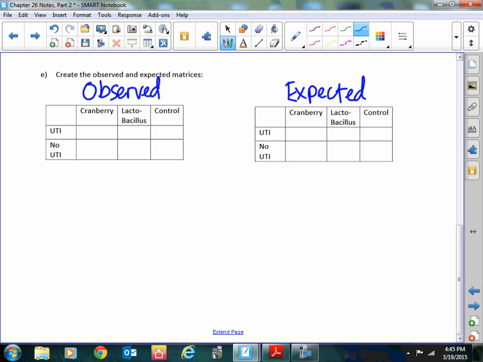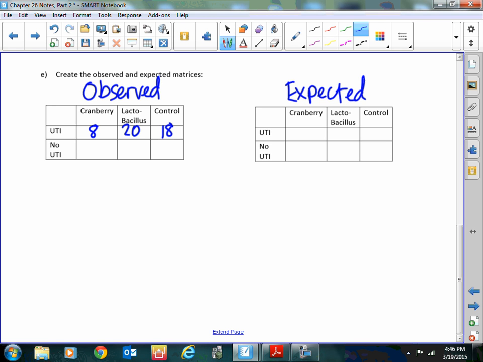Okay. So first, in the problem, I know that it told me, let me look back, that in the control group, 18 women developed at least one infection. Okay, so that would be the control group. These 18 got a UTI, compared to 20 in the lactobacillus group and 8 in the cranberry juice group.